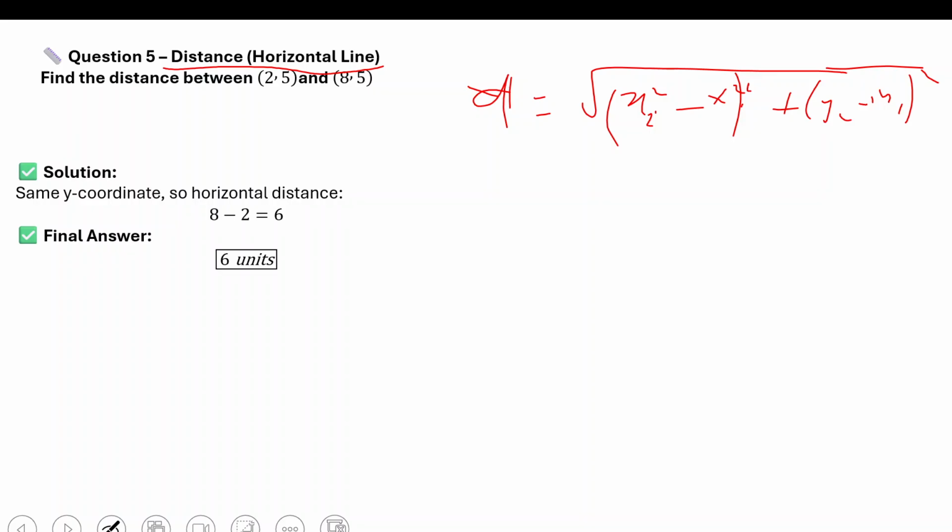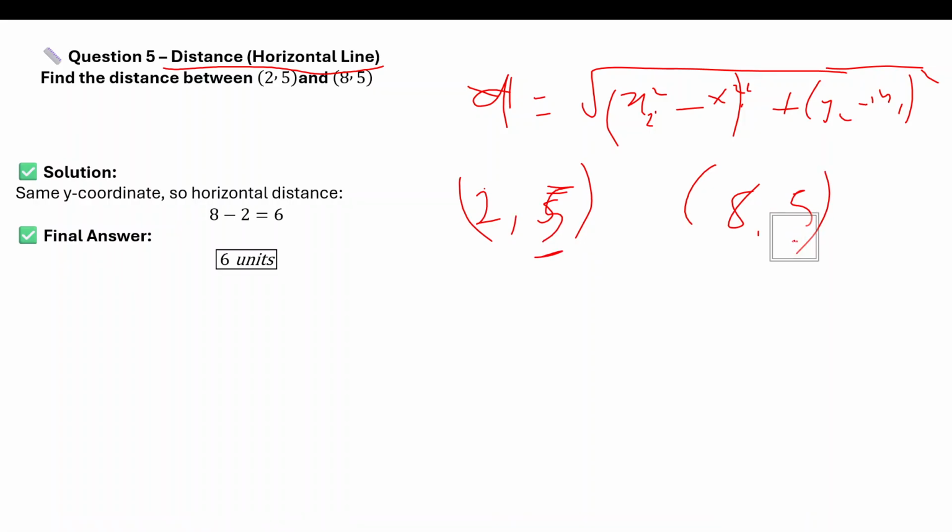But if I have coordinates 2 and 5, and I have coordinates 8 and 5, for the y coordinates to be the same means that the line is running in a horizontal plane.